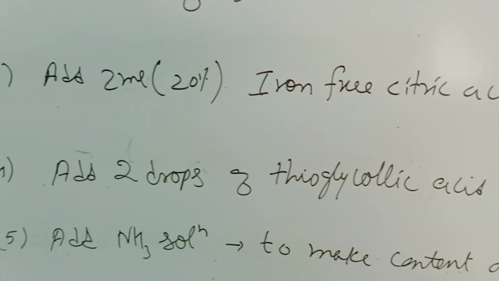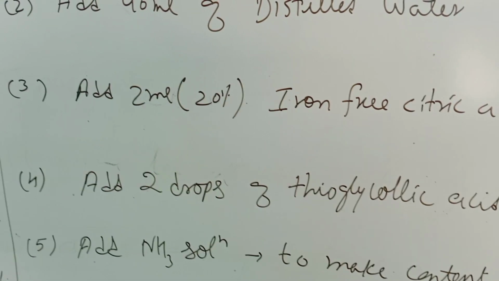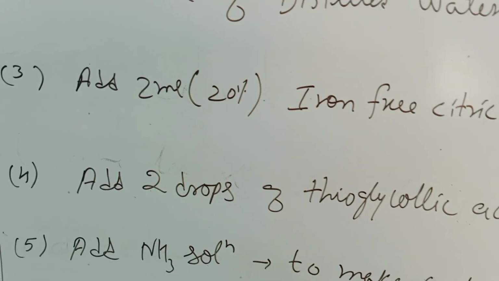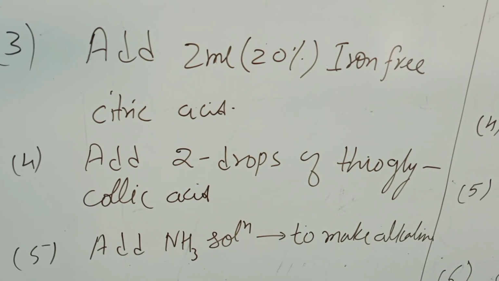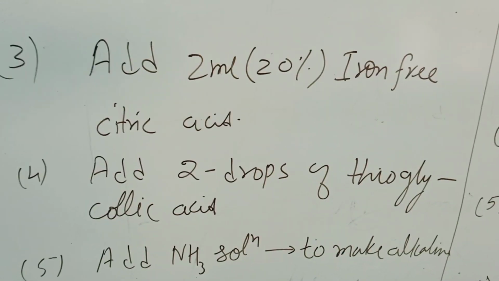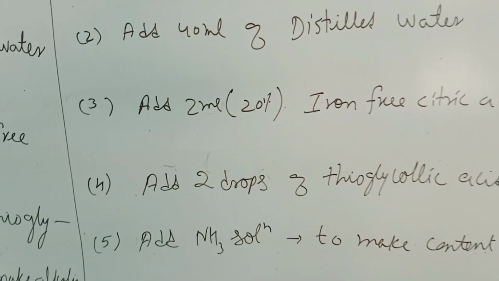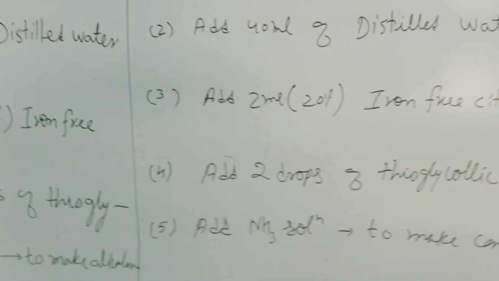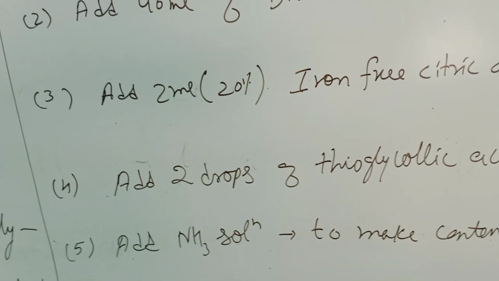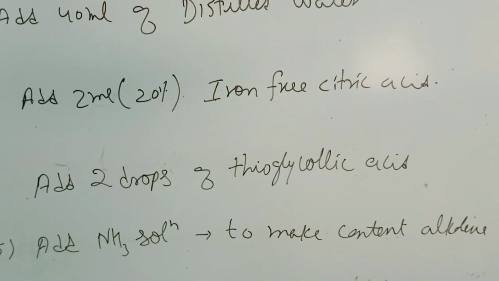So this 5th step is similar to the same step which I mentioned in the preparation of the test solution for the limit test of iron, and as you can see here, both the steps are similar. So here also we add the ammonia solution to make the content alkaline.